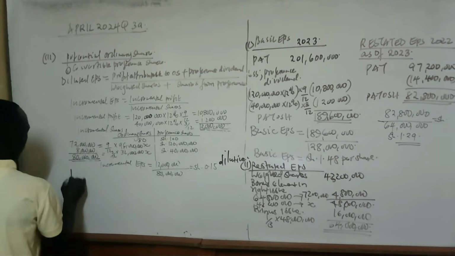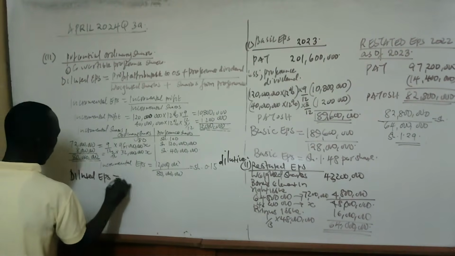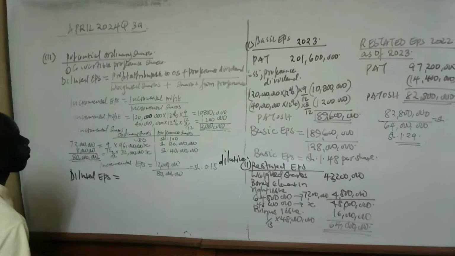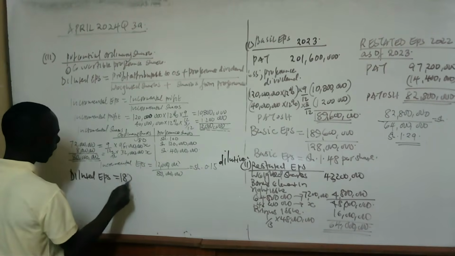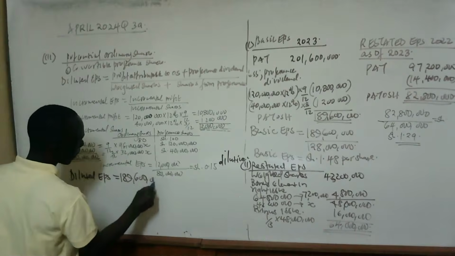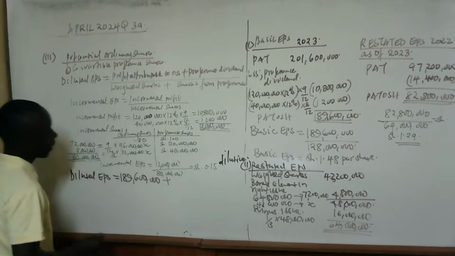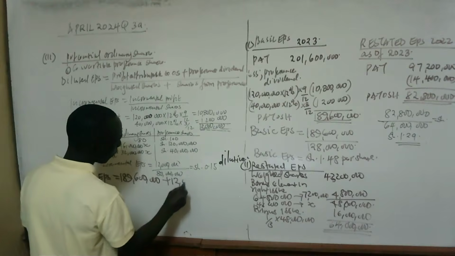So let us get the diluted EPS. Our diluted EPS will be given by the basic, which is 189,600,000, plus incremental profit, which is 12 million.